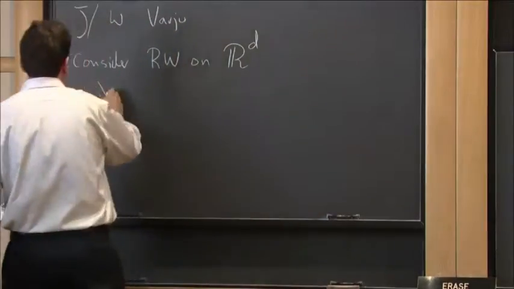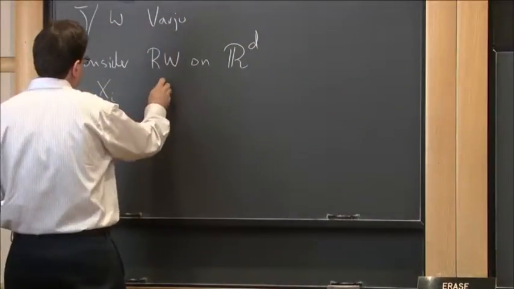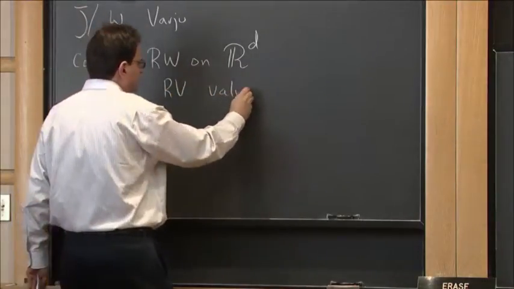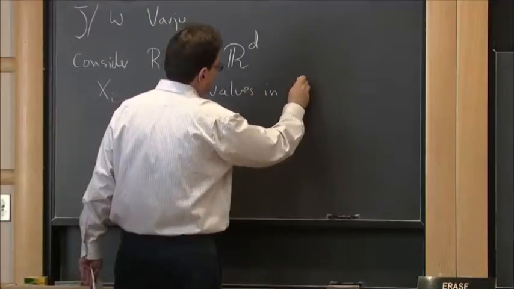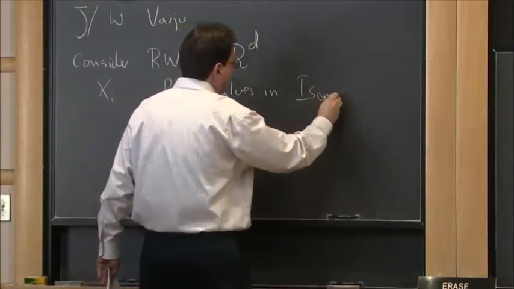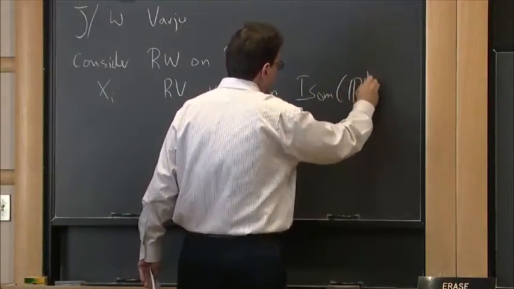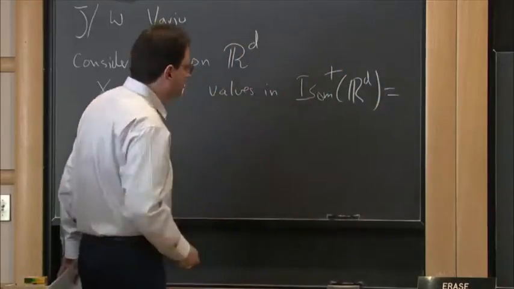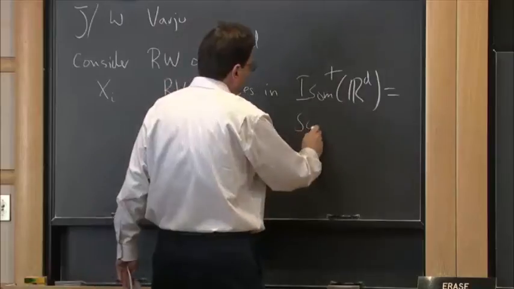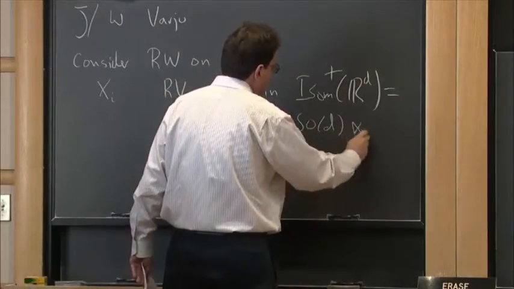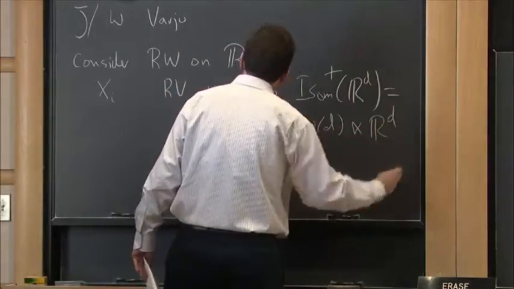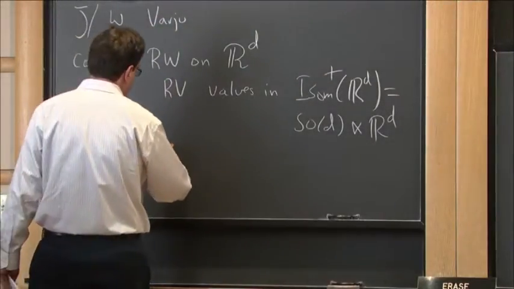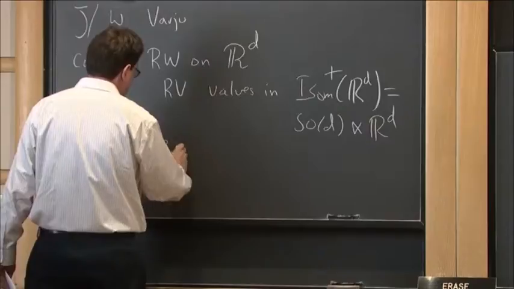I'm just taking xi, a random variable with values in the isometry group of Rd, and not that it makes much of a difference, but I prefer to take the orientation preserving part. So this is SOD semi-direct product Rd. And for simplicity, though this is nowhere needed, let's assume it has finitely many values.